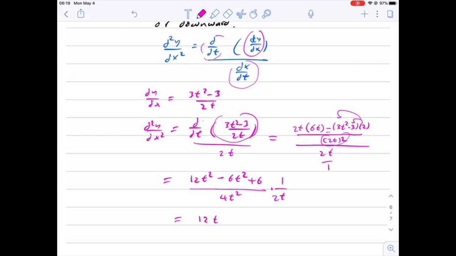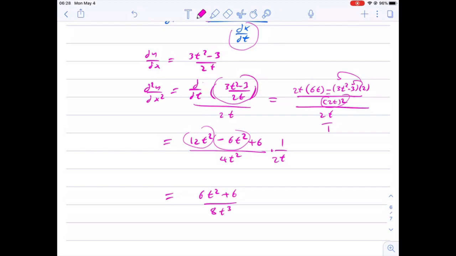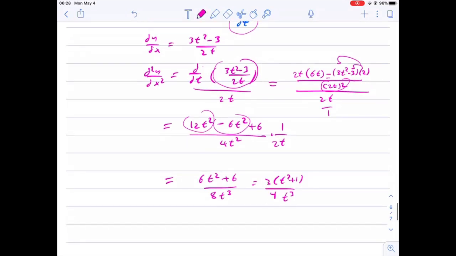So we have 12t squared minus 6t squared plus 6 over 8t cubed, and this is 6 times (t squared plus 1) over 8t cubed. You can simplify to get 3 over 4.